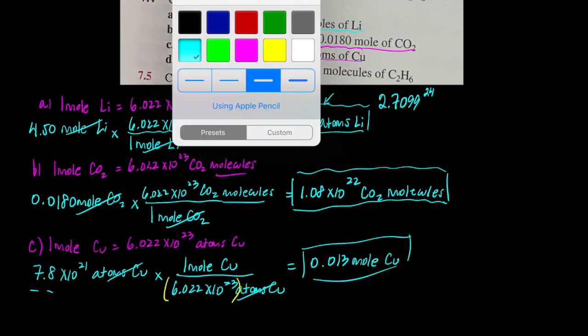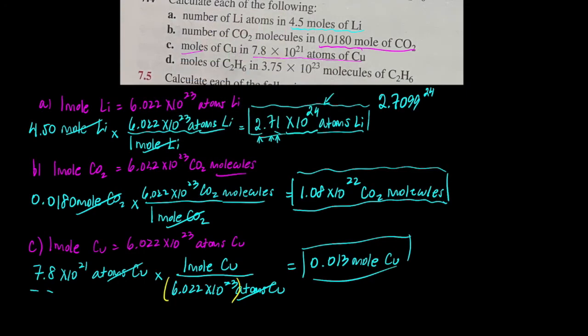All right. Next up, we're dealing with C2H6. All right. So we know that 1 mole of any substance, no matter what the formula, is going to be equal to an Avogadro's number of atoms or molecules. Now this is a molecule, so we write molecule.